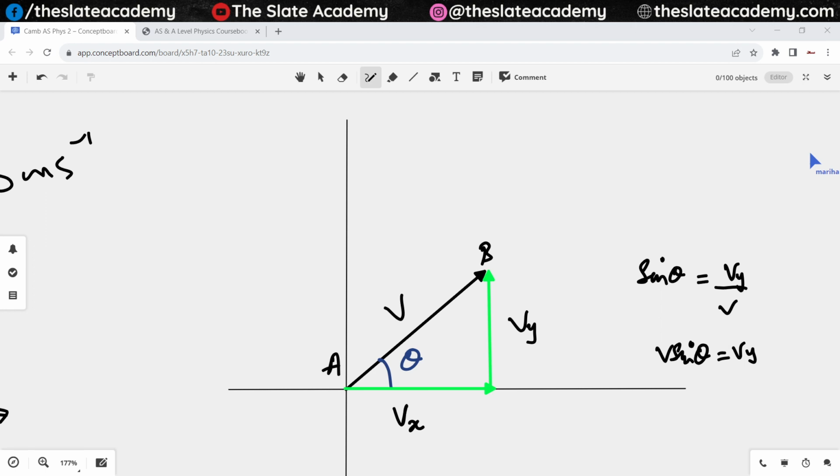So if I want to calculate the vertical component of this vector, I need to know the original vector and the angle that it's making with the horizontal. If I calculate v sine theta, I would know the component of the vector that is along the y-axis. Agreed?